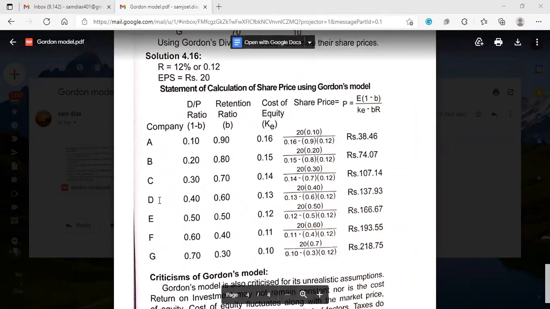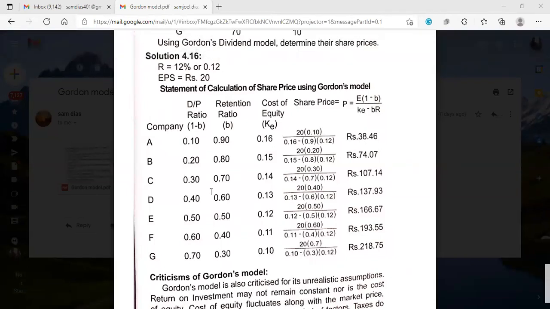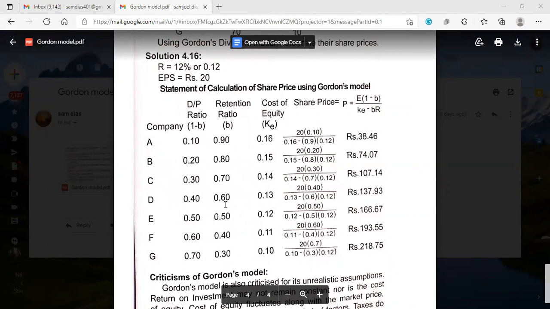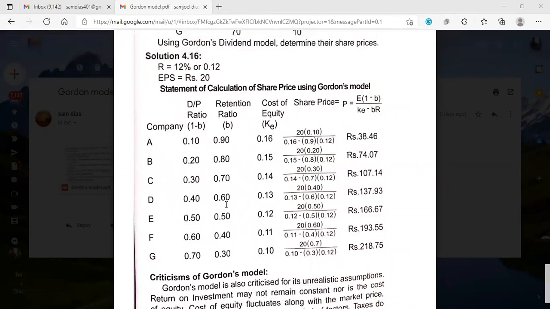Then for company D, dividend payout ratio is 0.40 and retention ratio is 60%, 0.60. Cost of equity is 0.13, that means 13%. And if we do all the necessary calculations, we'll be getting rupees 137.93 as the market price of share.